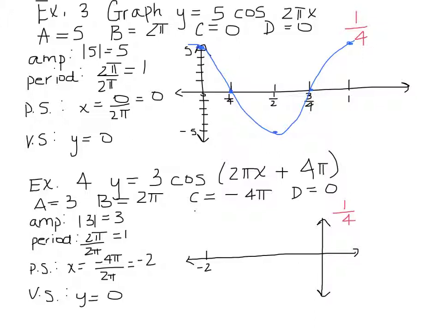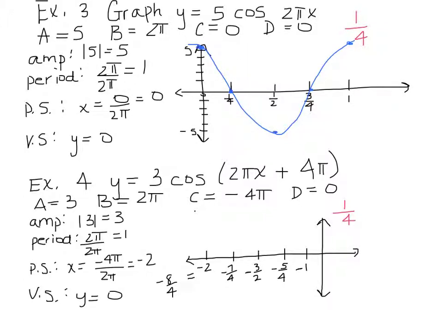So negative 2, remember, is negative 8/4. And adding 1/4 gives negative 7/4. Negative 6/4 would be negative 3 over 2. Negative 5/4. And negative 1 would be negative 4/4.